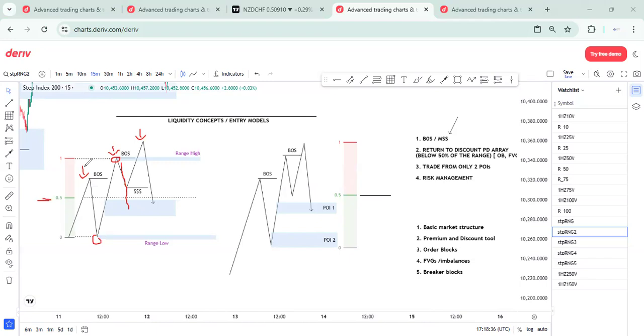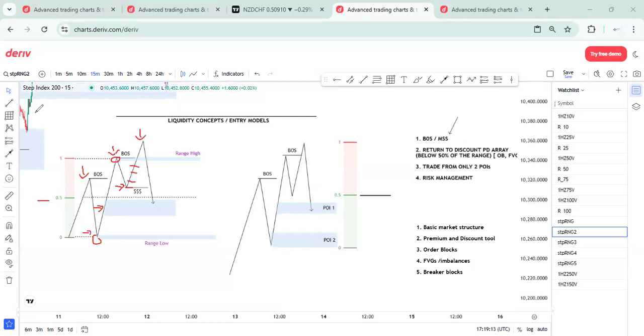So for instance, in this case, where we had this little pullback that did not go below the 50%, it means even if price gives you an order block or a fair value gap here, you are not going to trade from there because you'll be trapped, all right? So this pullback, which did not go below the 0.5, becomes liquidity for the fair value gap or order block that is below the 0.5 or the extreme, right?